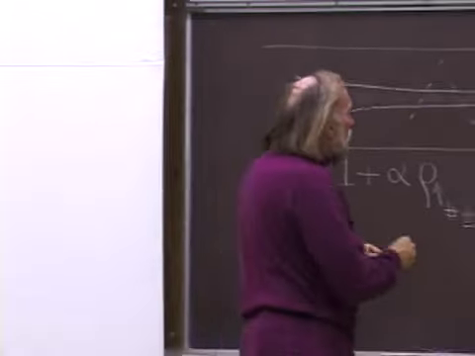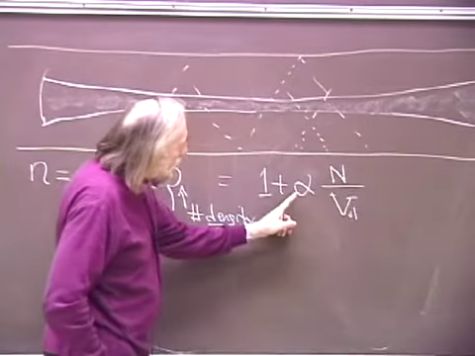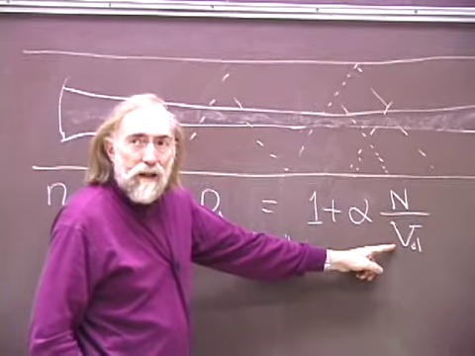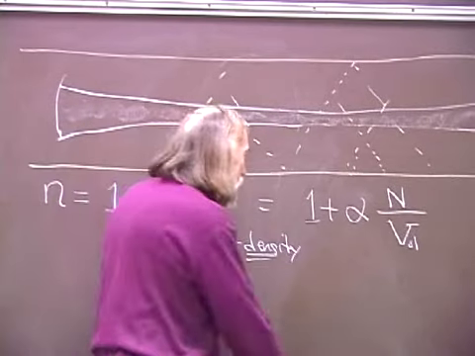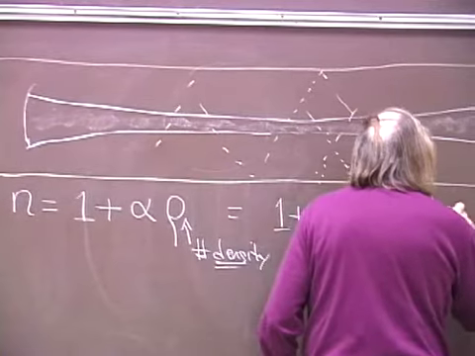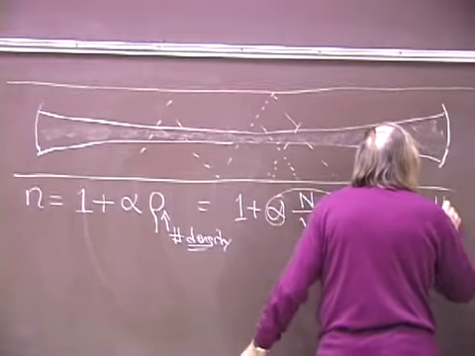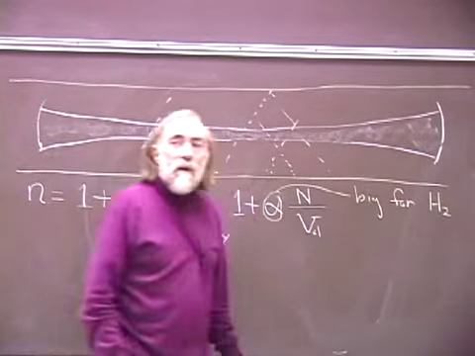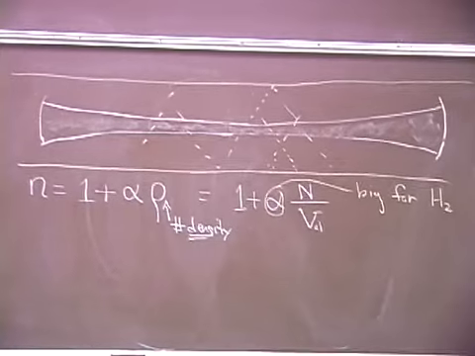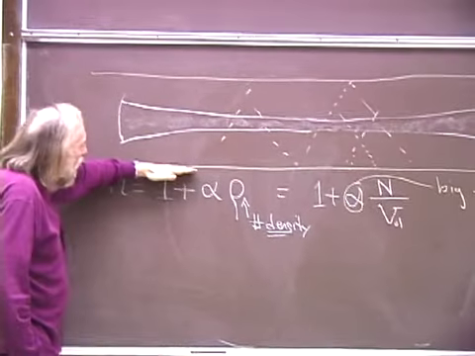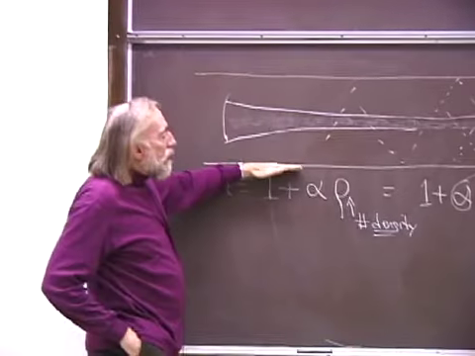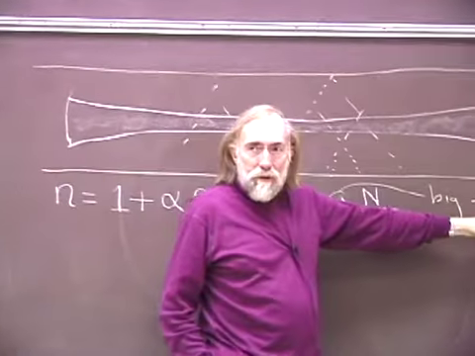Now, this polarizability obviously has dimensions of length cubed, since volume is also length cubed and the index of refraction has to be dimensionless. This polarizability is particularly big for molecular hydrogen. So a major issue in the planning of LIGO was to get metal from which the beam tubes would be fabricated that was low in molecular hydrogen.